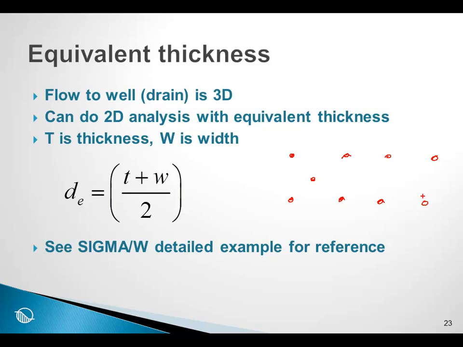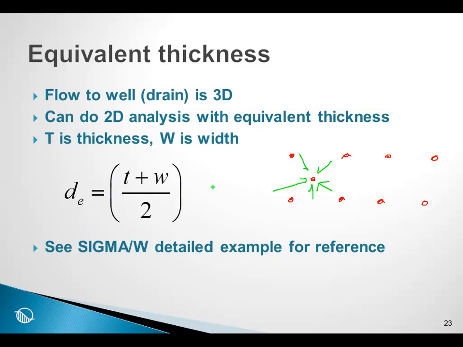The point is that the flow into these drains is in actual fact an axisymmetric type of flow, a three-dimensional flow into each one of the drains. And the question is, how can we do a two-dimensional SIGMA/W analysis to simulate this three-dimensional effect?